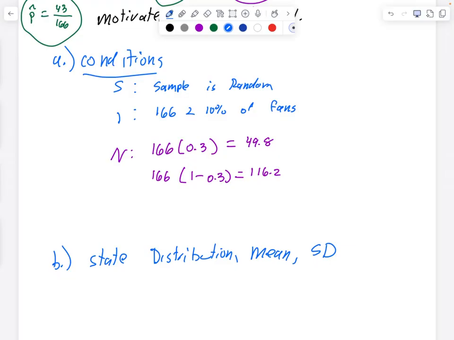All right, so what do we state for problem B? Approximately normal. The mean is what? 0.3. The standard deviation is, let's see here. Selvin, can you help me out here?